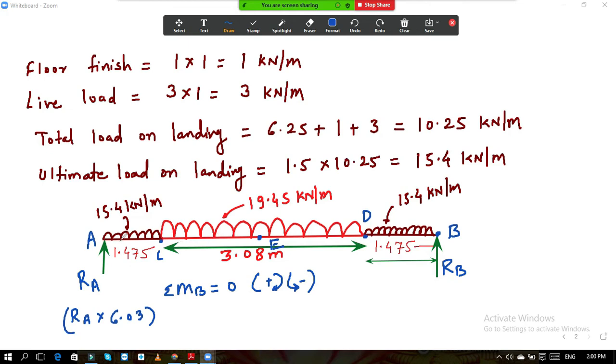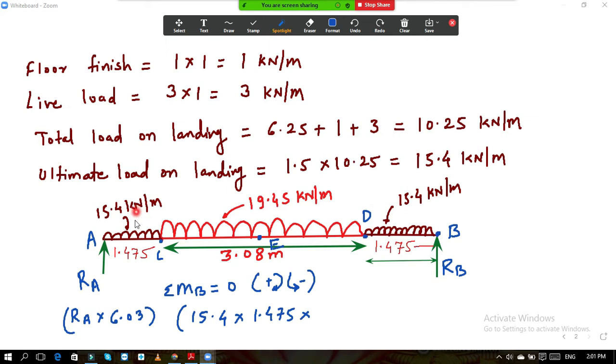Now next thing is this UDL, which is along the length of 1.475. We need to convert this UDL into a point load first, and then we will take the moment. Conversion of UDL into the point load: 15.4 multiplied by 1.475. This point load will act at the center of this UDL. So what is the distance from point B?